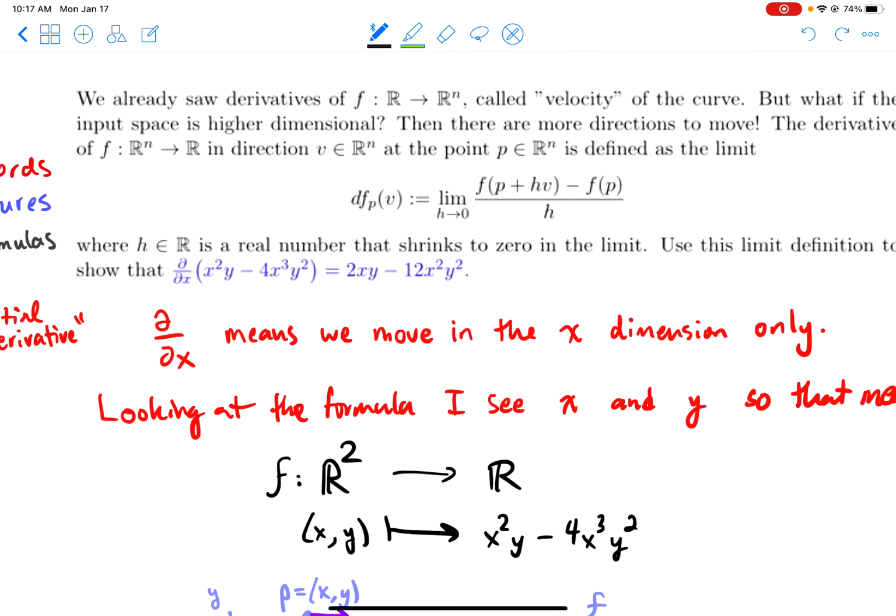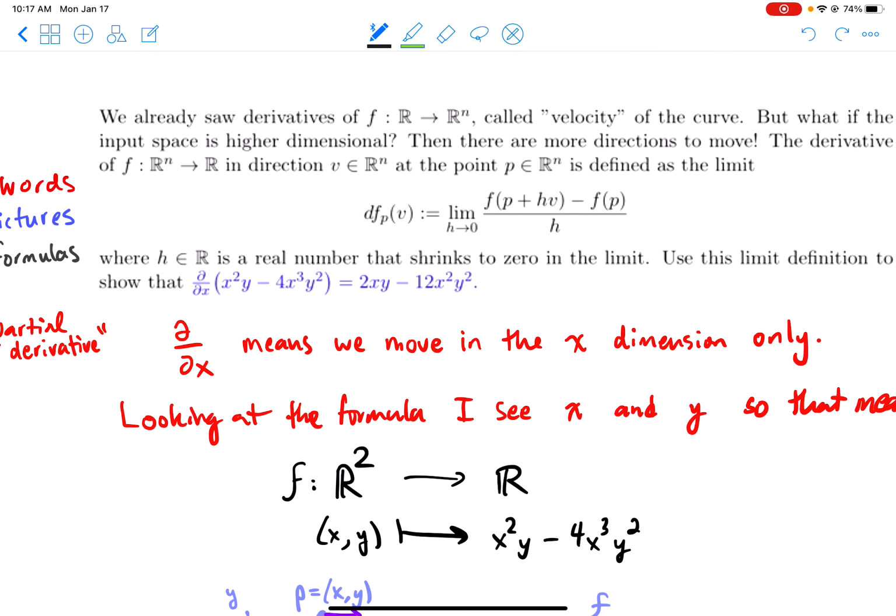So just very briefly, if I took partial y of this thing, what would that be equal to? Well, partial with respect to y would just leave me an x squared. Partial with respect to y here will give me a 2 will come down. So I'll get a minus 8 x to the third y.